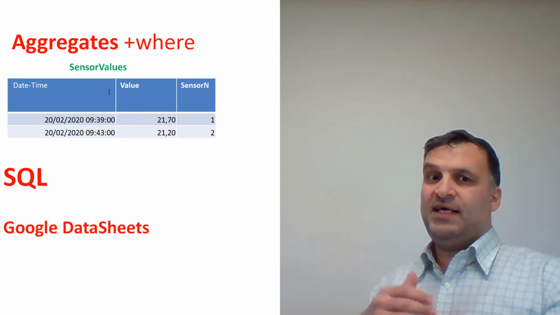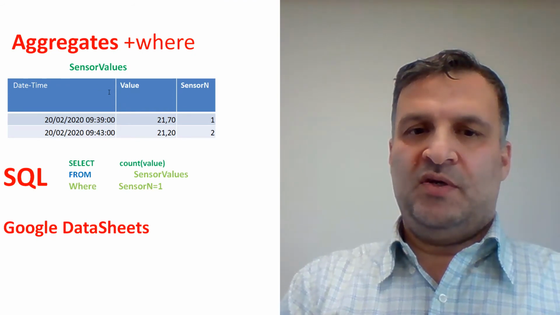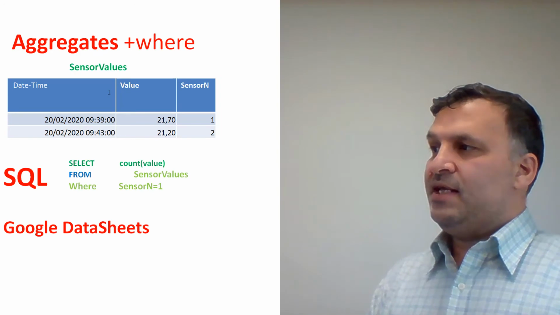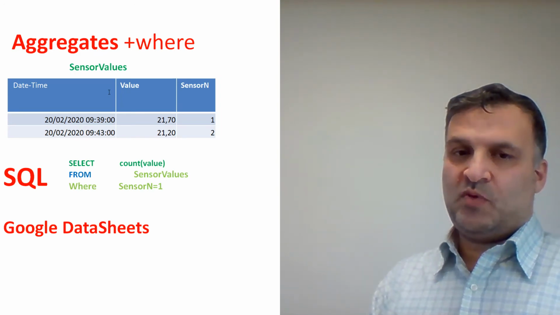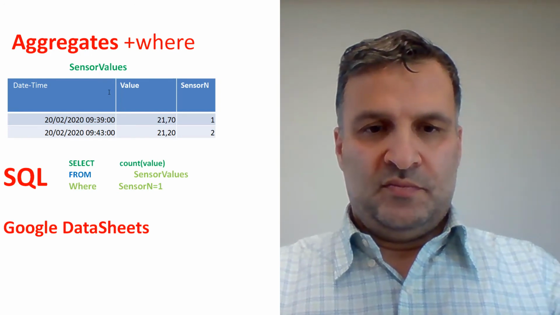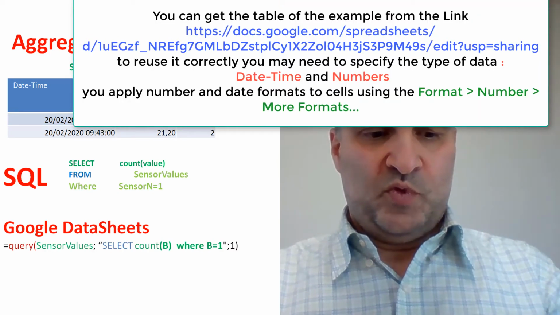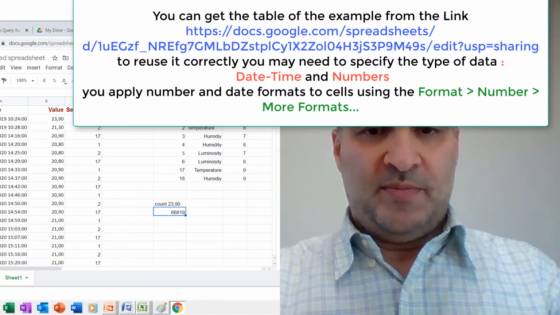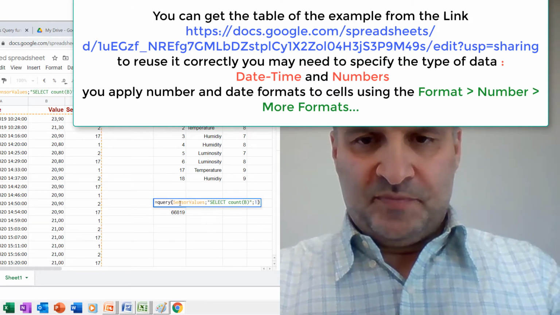We can use the aggregate functions with a condition also. Here, for example, we can know how many lines are related to sensor number 1. It is the same. We should pay attention to replace the name of the columns.